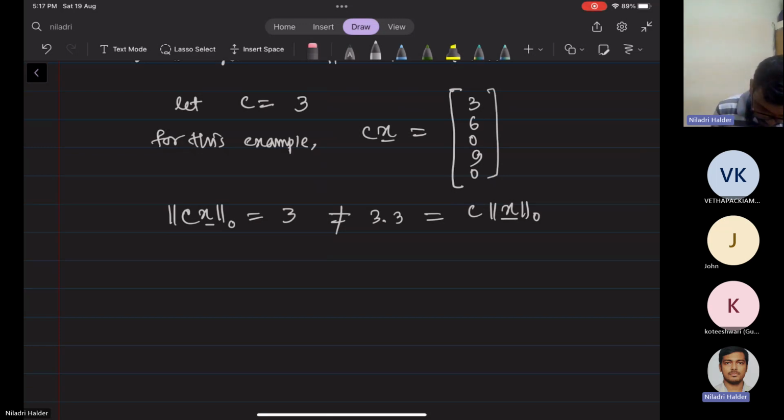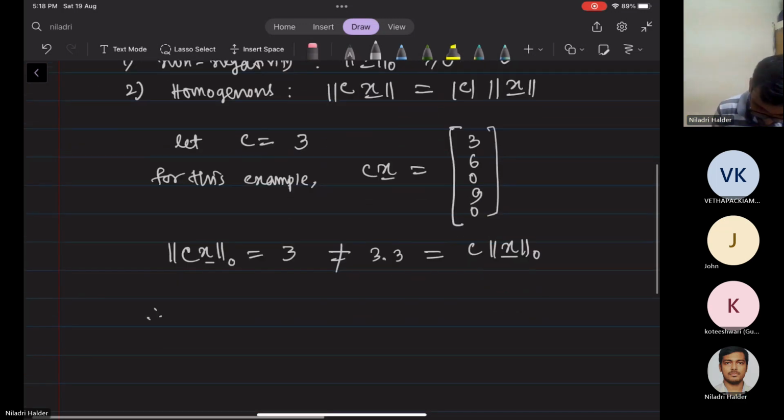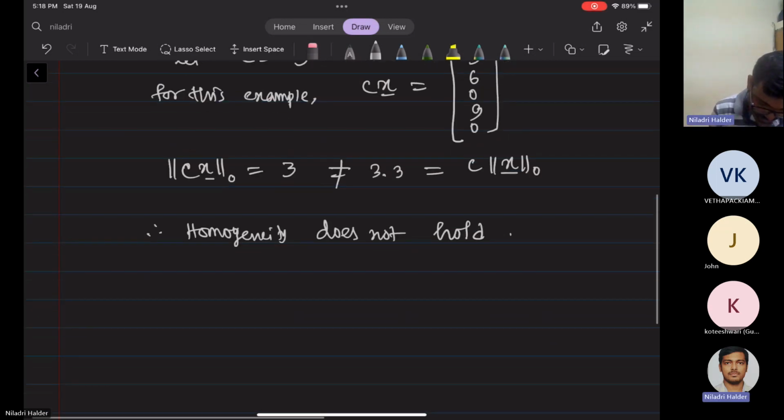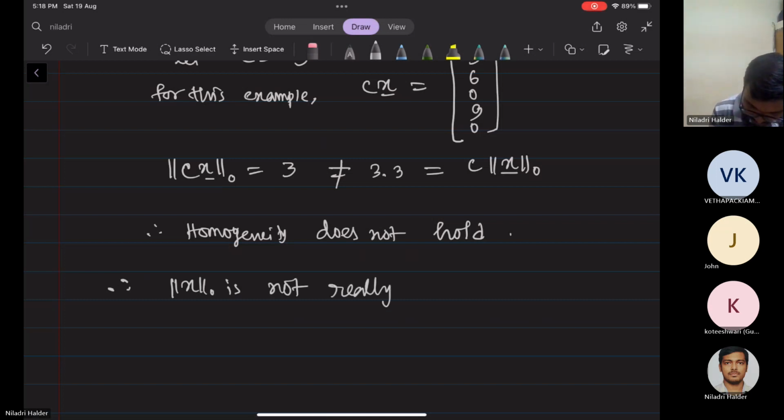So that's why the L0 norm is not actually a norm.